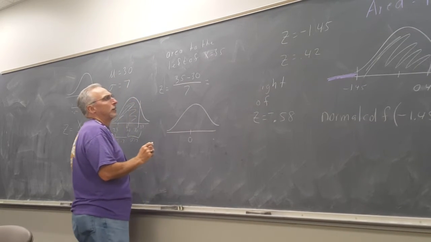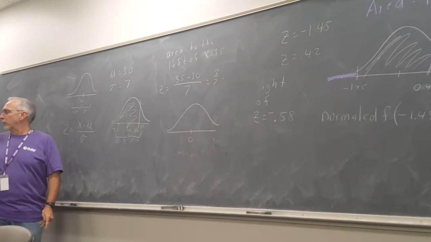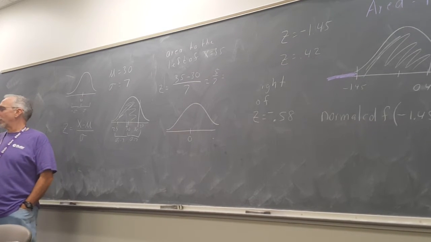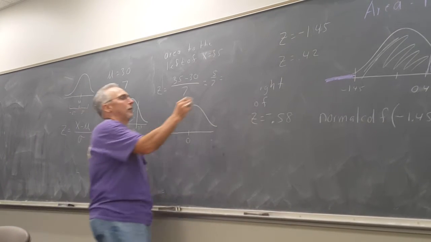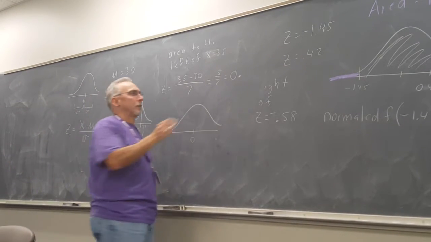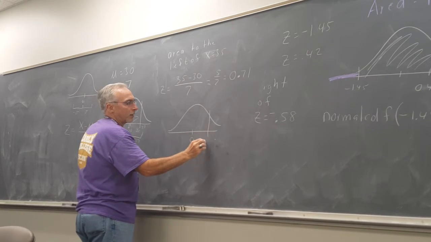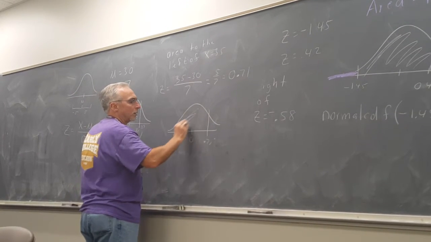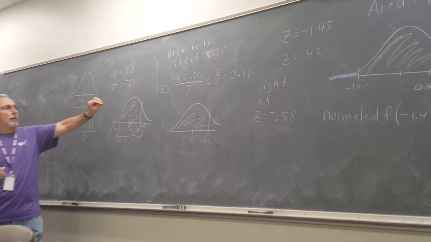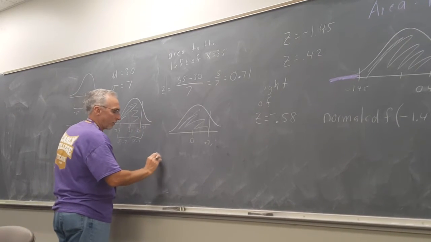If I did it this way, I get 5/7. I really need to learn how to think up good numbers off the top of my head, which I didn't. So if I take 5/7, what is that? 3 decimals? 0.714, so we'll go 0.71. So what that means is I want to calculate the area to the left of 0.71. So if I'm given a different mean and standard deviation, by using the z-score, I can now do normal CDF.